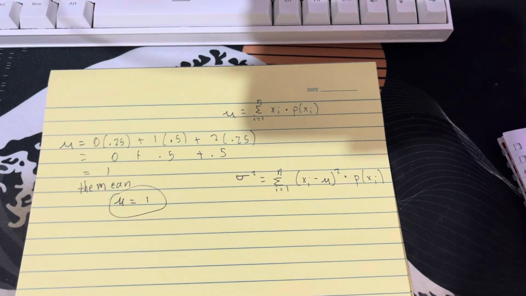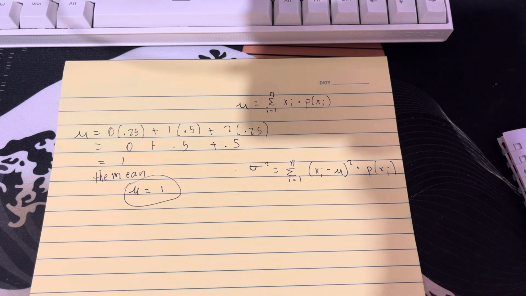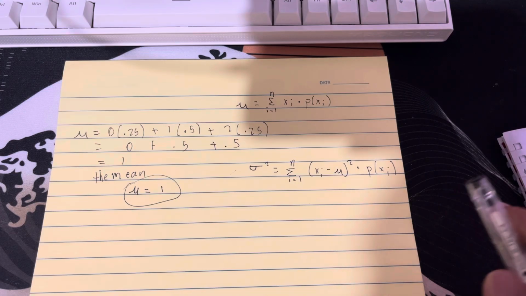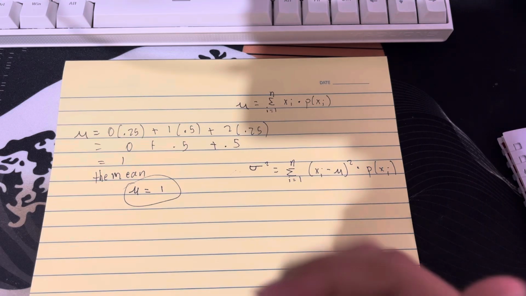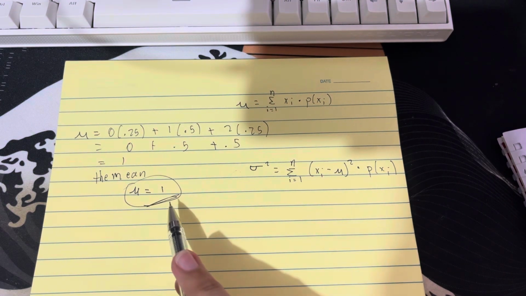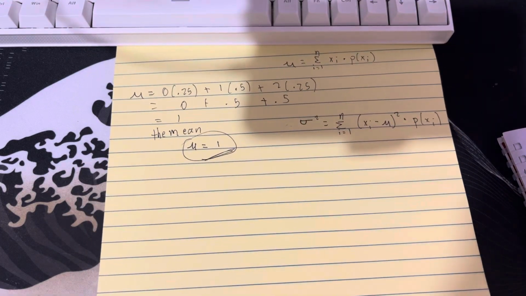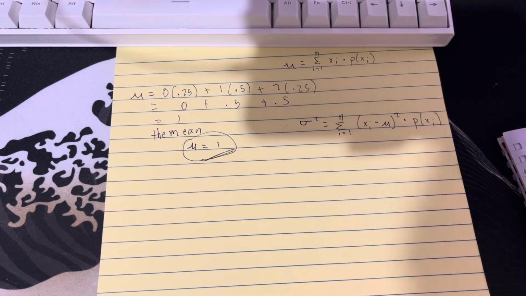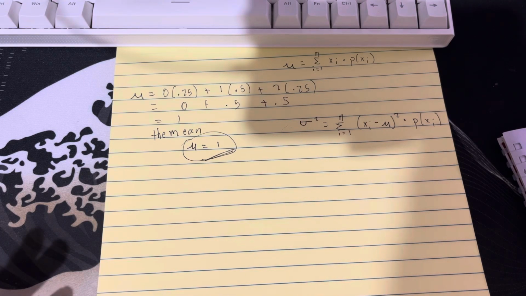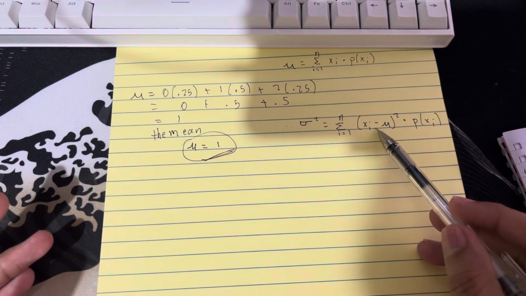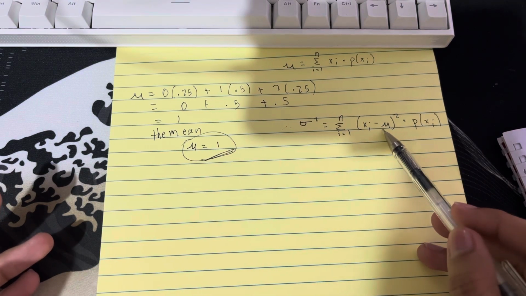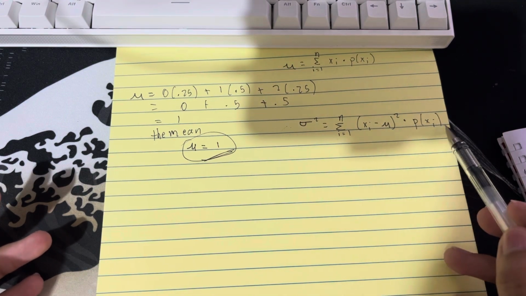Now it may sound a little difficult, but I swear, it is not all that. We already know that our mean right here is equal to 1, right? So what we're really gonna do is just do the same thing, but we minus x with the mean, square it, and then multiply.